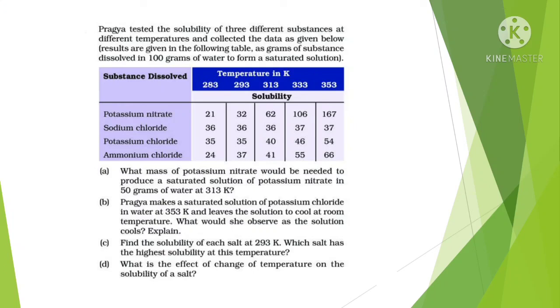And if the temperature of the solution decreases, then the solubility also decreases, meaning some of the salt will get separated from the solution in the form of crystals, or we can say in the form of precipitate. So as the temperature increases, the solubility of the salts increases, and with the decrease in the temperature, the solubility of the salt also decreases.